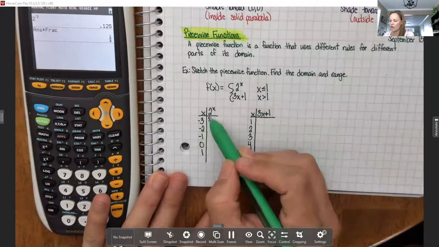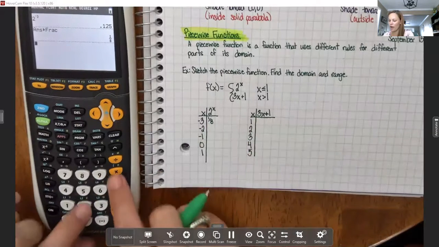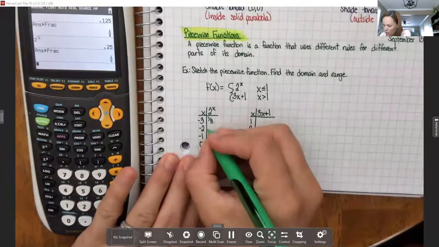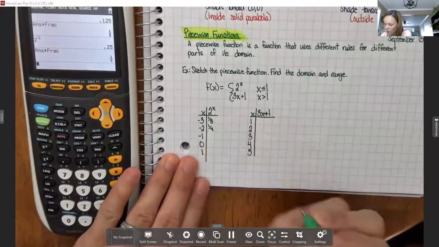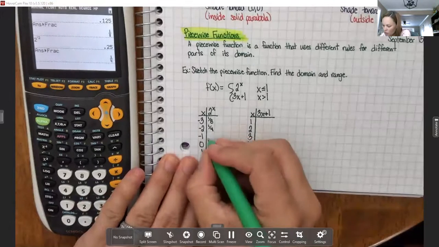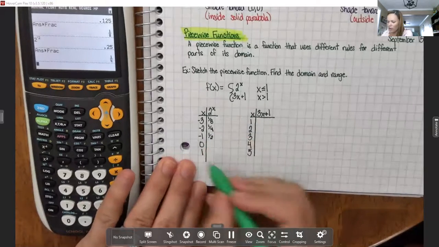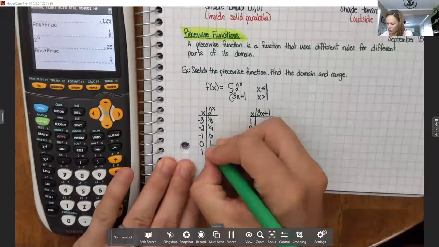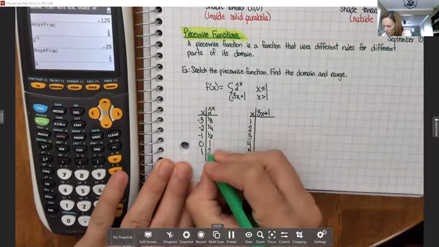So 2 to the negative third is 1/8. 2 to the power of negative 2, same idea. It's 1/4. 2 to the power of negative 1, that's 1/2. Anything to the power of 0 is 1, and 2 to the first is 2.